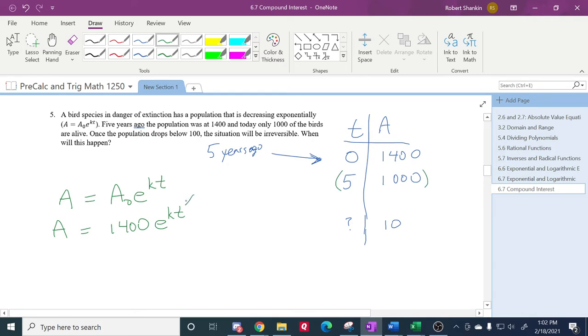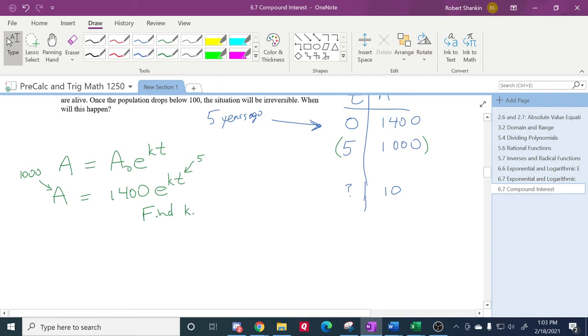When t is 5, A is 1000. And then that's how you're going to find k. And then once you have k and A0, then you can write your specific modeling equation.